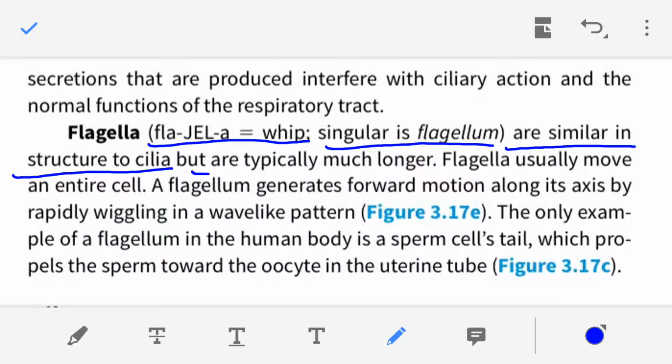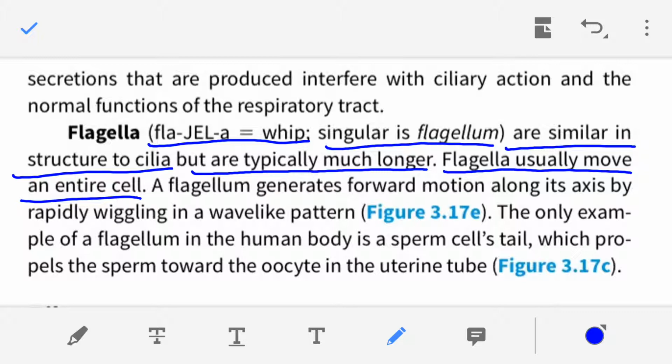But flagella are typically much longer when we compare them with cilia. So the length is much greater than cilia. Now flagella usually move an entire cell. In ciliary movement, some materials were moving, but in this case when the flagella moves, it moves the entire cell.